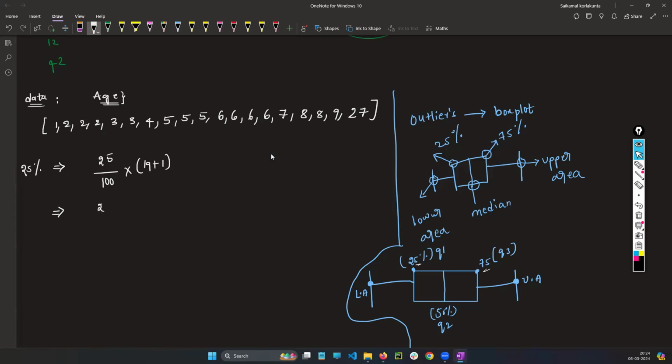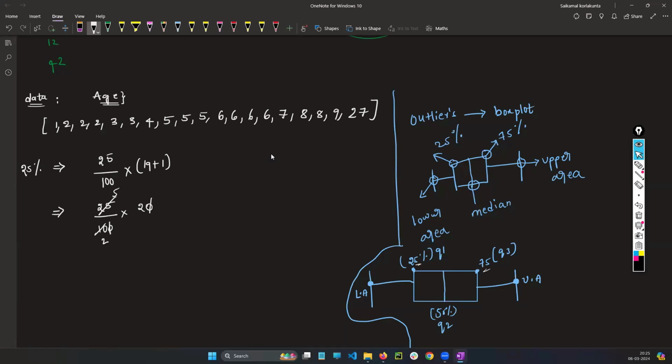So 25 divided by 100 into 20. Cut the zeros, 5 twos are 10, 5 fives are 25.